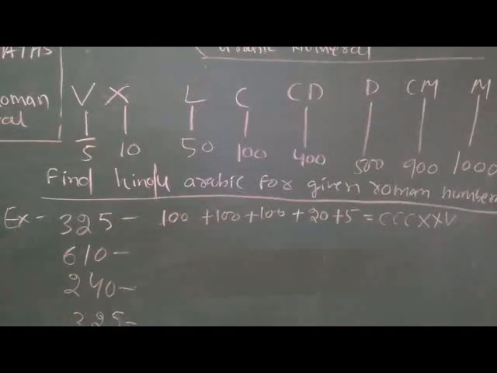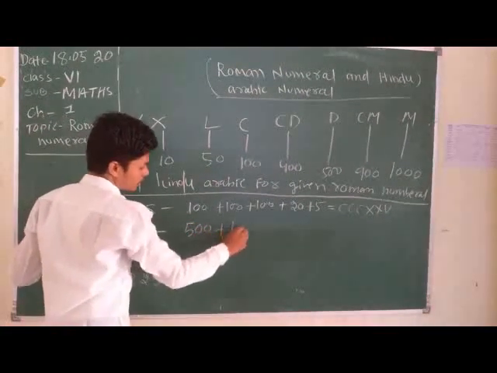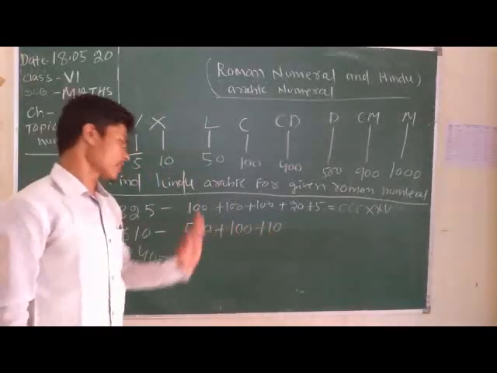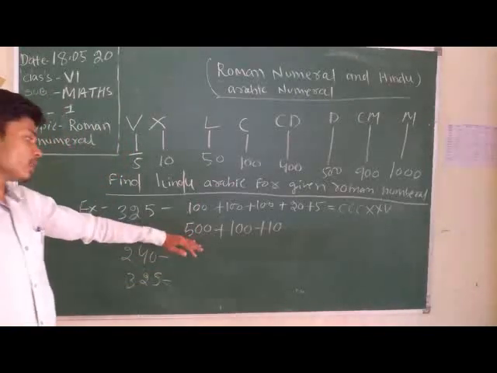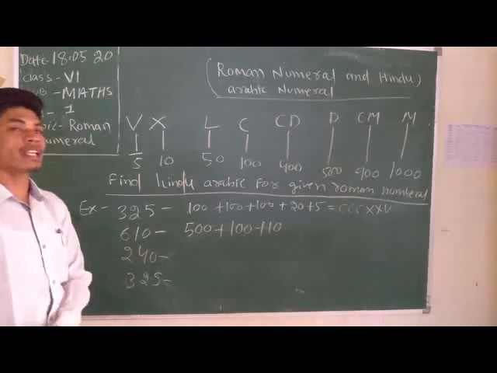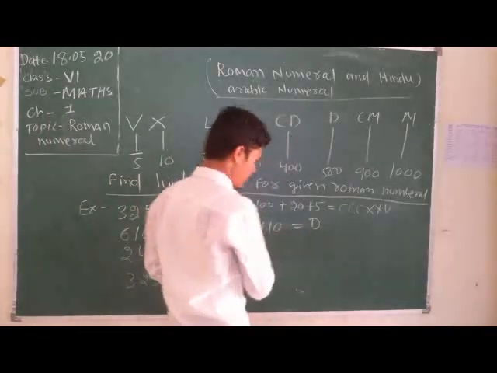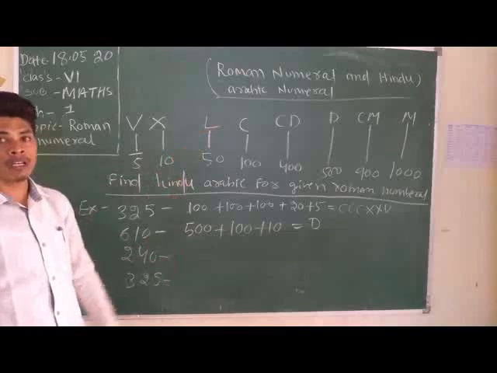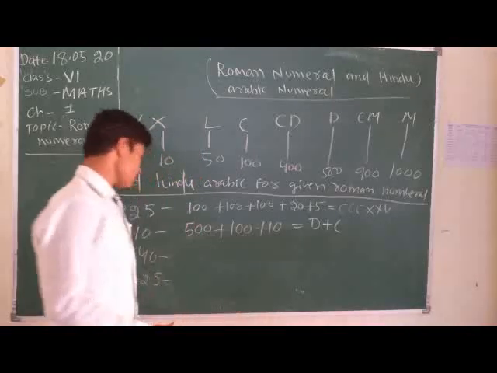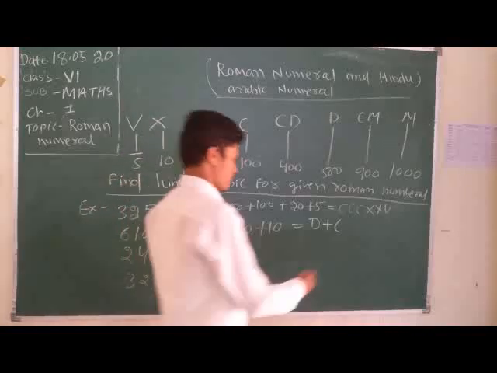Let's find 610. 610 means first 500, then 100, then 10. If we change the Hindu-Arabic number into a Roman numeral, 500 is written as the symbol D. Then 100 we write as C. 10 is X. Then what is the answer?